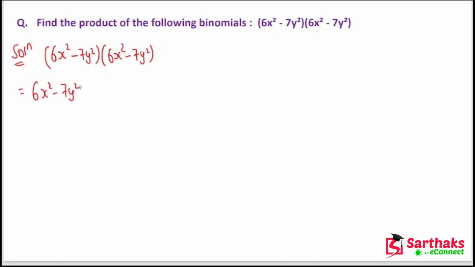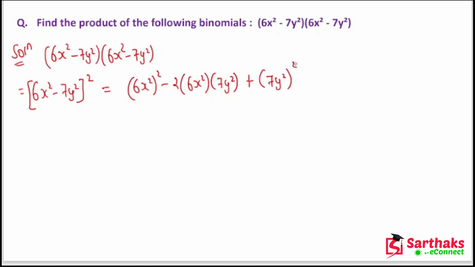(6x² minus 7y²) whole square, right, which would be a² minus 2ab plus b².